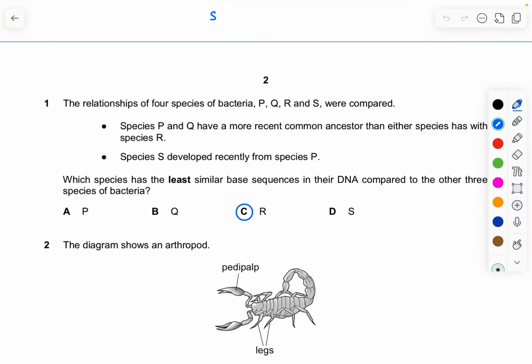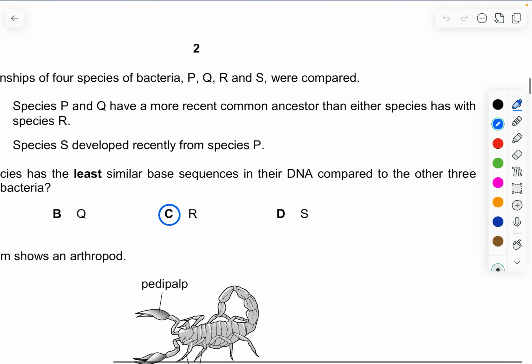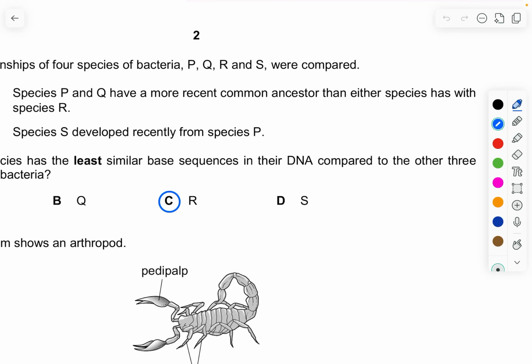Okay, so let's draw this out. This is actually called a phylogenetic tree, which helps us to compare how closely similar the offspring are to the ancestors.